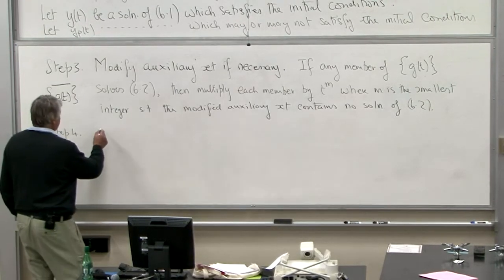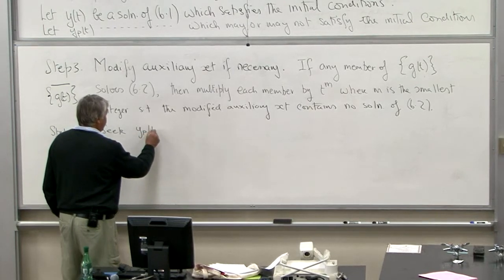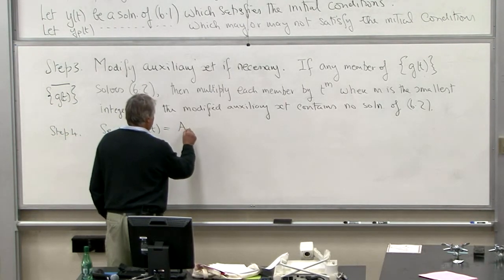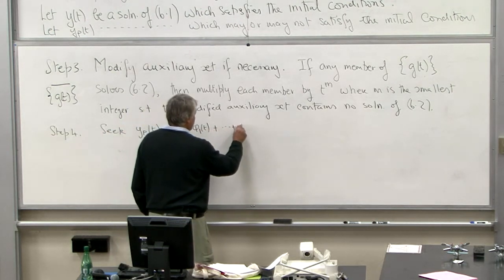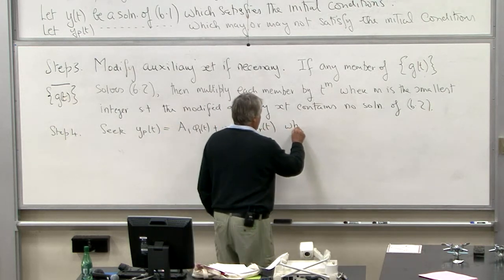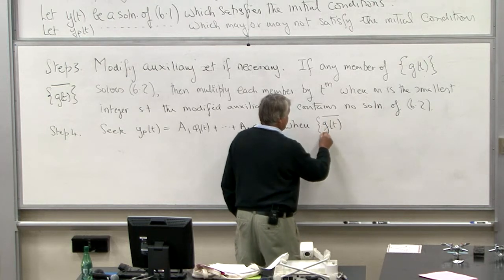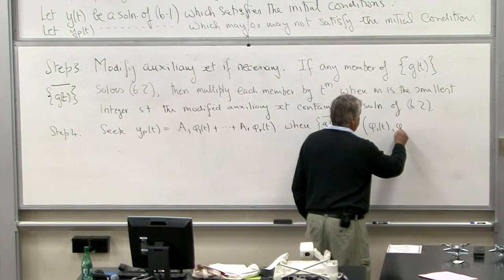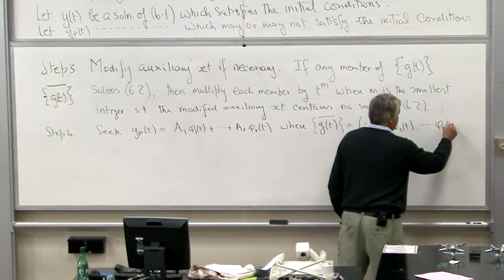Step 4, you seek yp as a linear combination, where this auxiliary set is just these functions here, up to phi r of t.